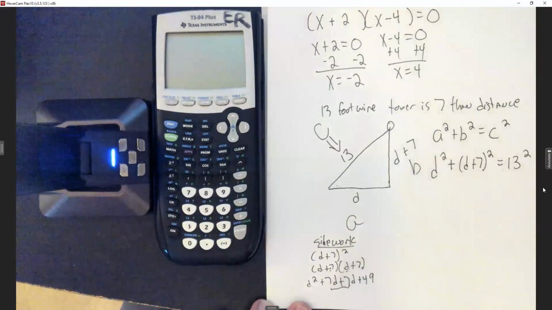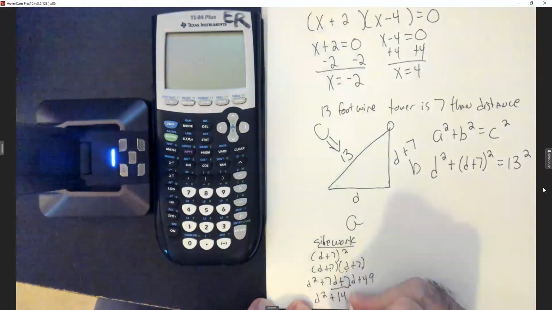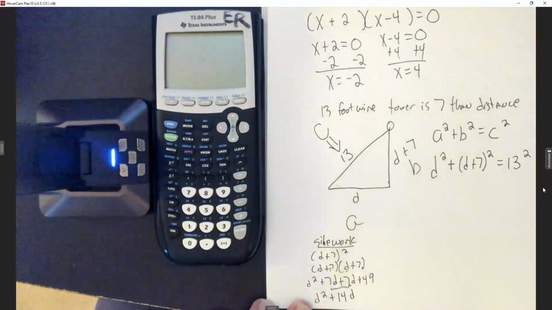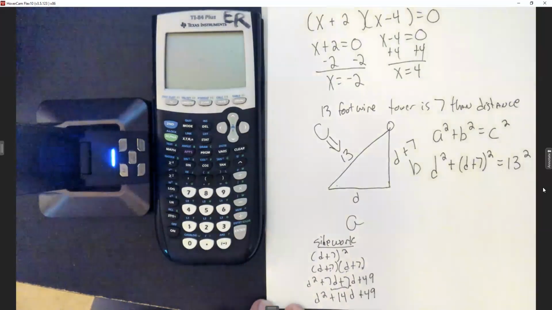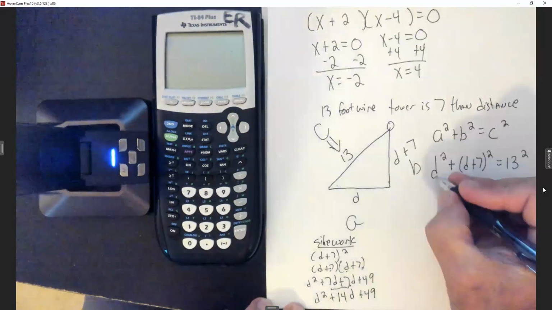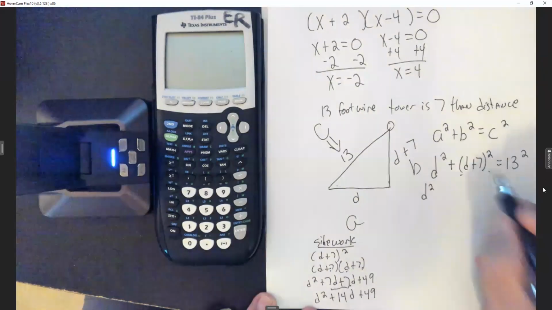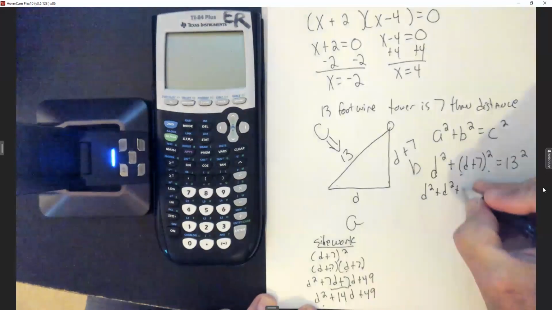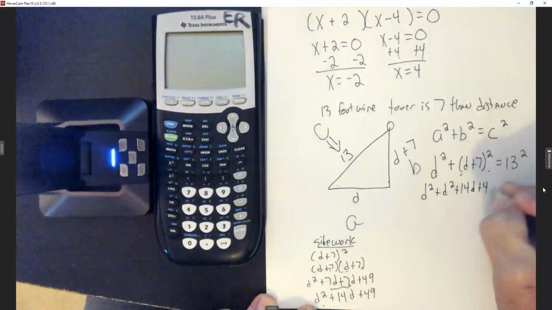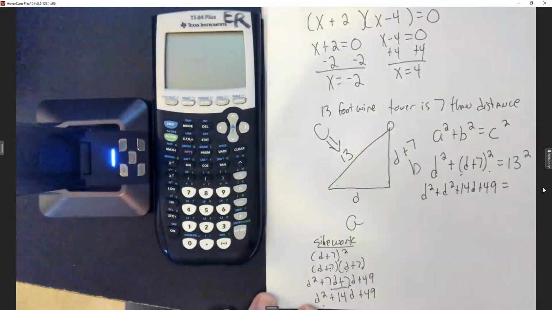So I get D squared plus 7 and 7 is what, 14D, plus my 49. So now bring down this D squared, and replace D plus 7 squared with this. So that was D squared plus 14D plus 49. That's all going to equal the right side, which is 13 squared.